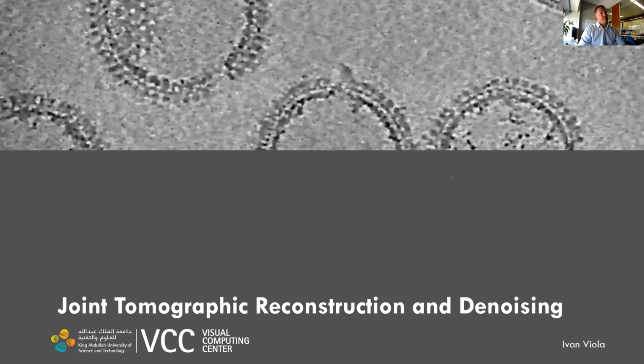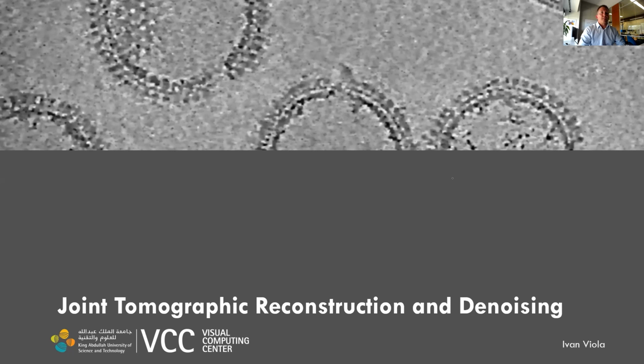And after the denoising stage, we can always check whether we went too far away with our denoising and have increased the error undesirably, or whether we have actually favorably improved the quality of the reconstructed volume by the denoiser.